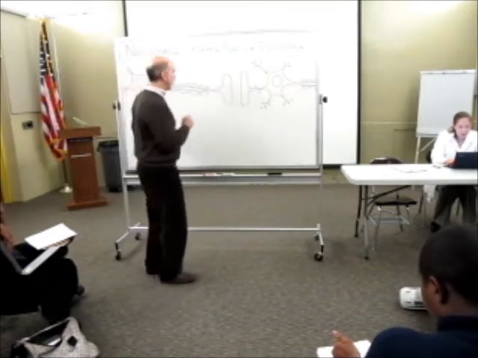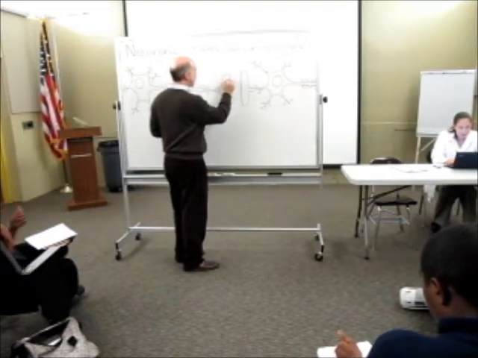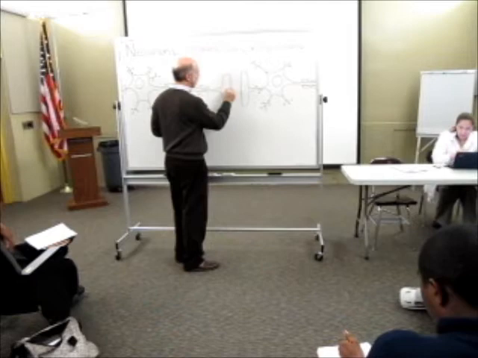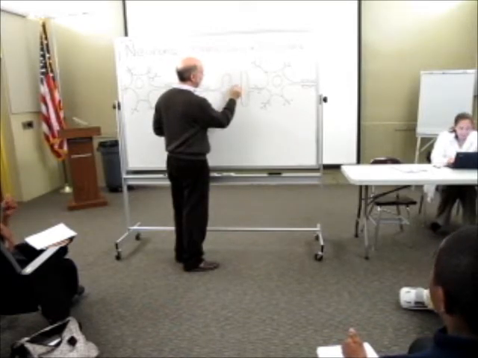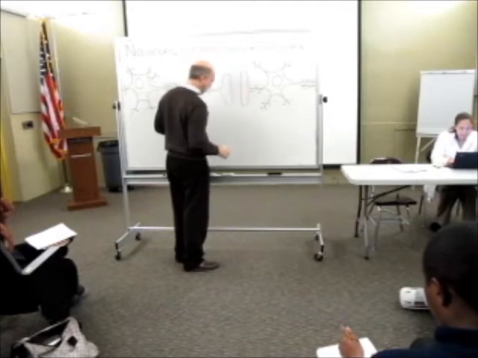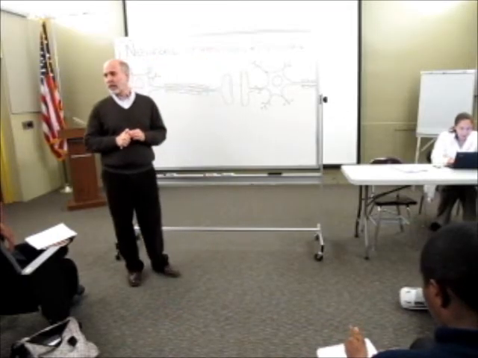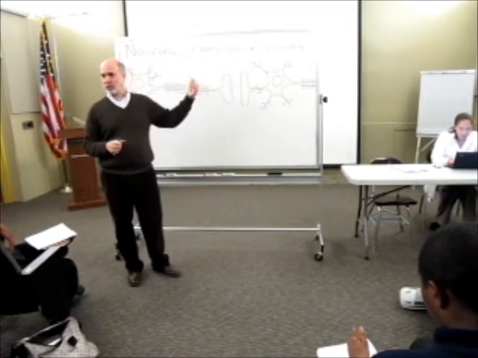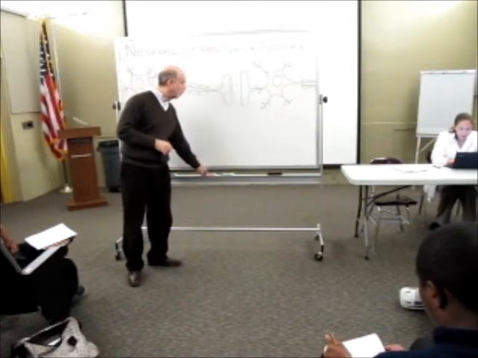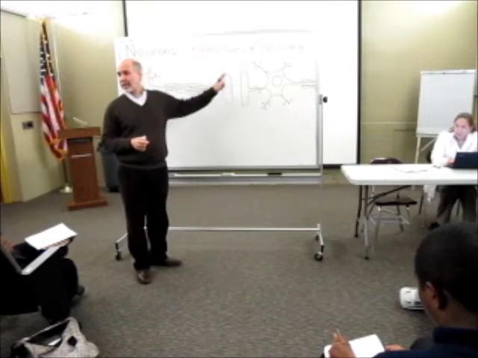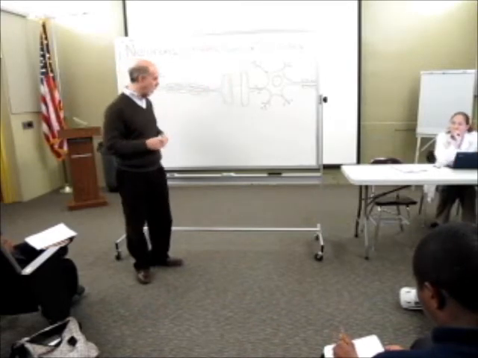So they're molecules. Neurotransmitters in this cell travel across the synapse to the next cell. And what does the next cell have that allows it to respond to the neurotransmitter? Receptor. Excellent.